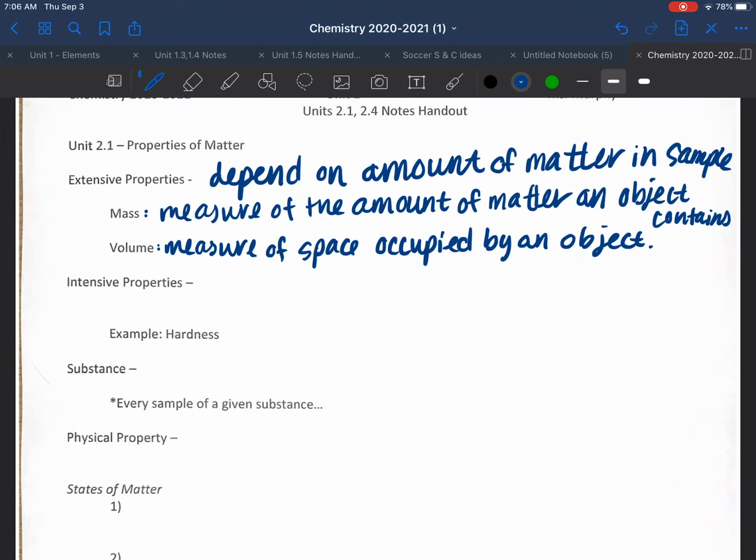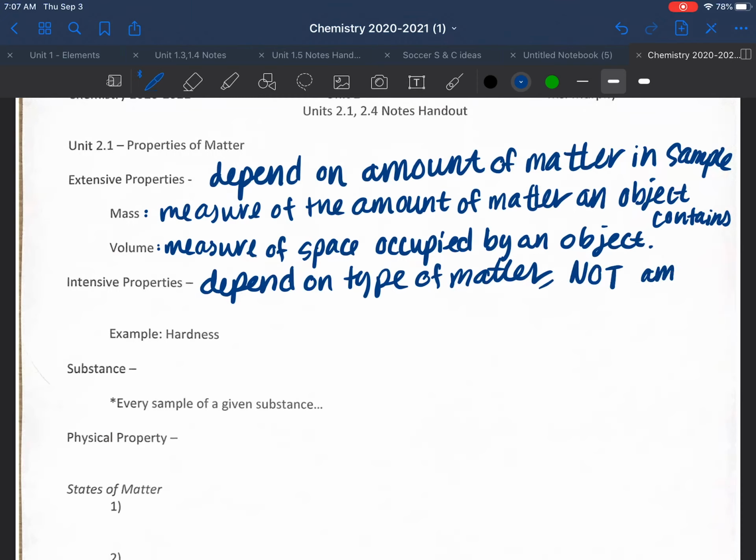And so we have extensive properties, again, properties that depend on the amount of matter. And then we have intensive properties. These depend on the type of matter, not amount.